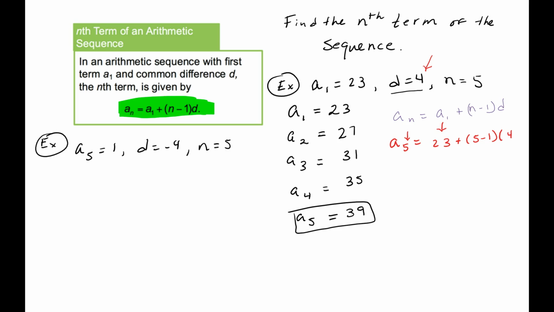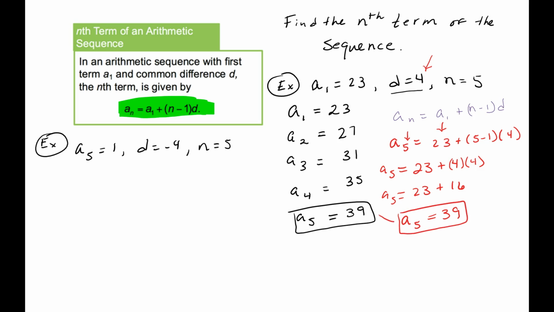We do a little bit of order of operations. 23 stays, 5 minus 1 is 4, and we get 4 times 4, which is 16. 23 plus 16 gives us an a sub 5 of 39, which matches what we were expecting.